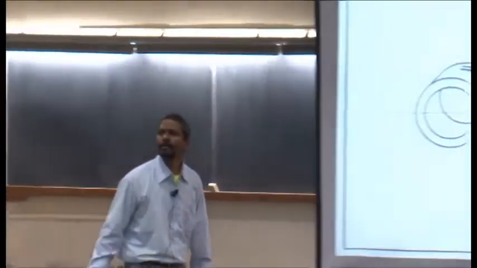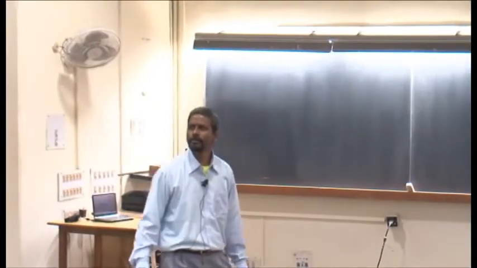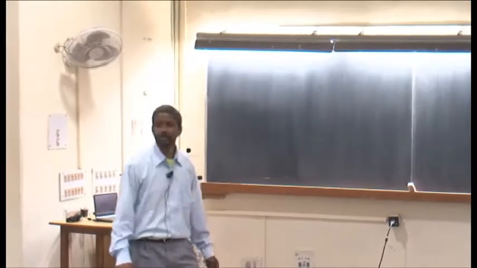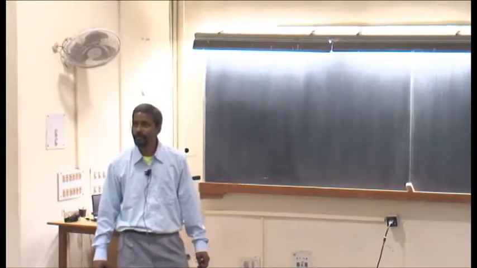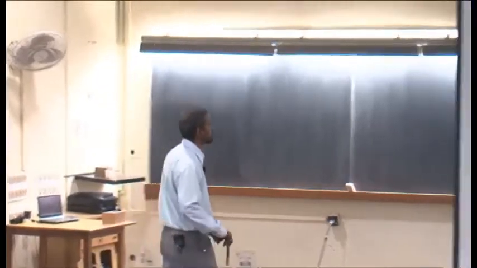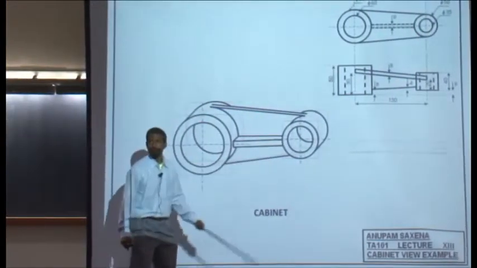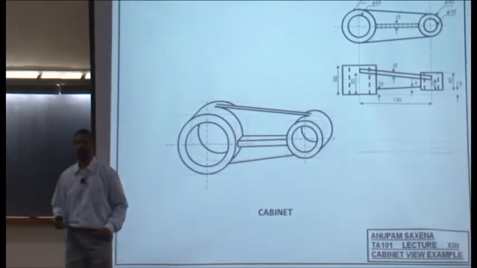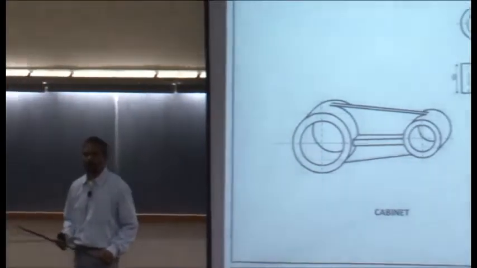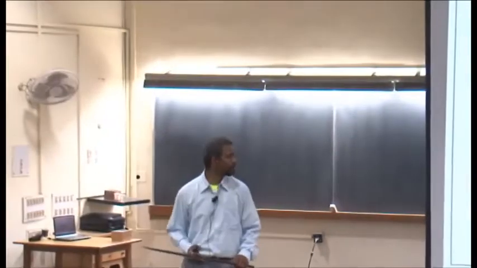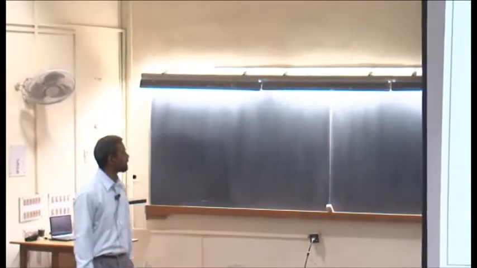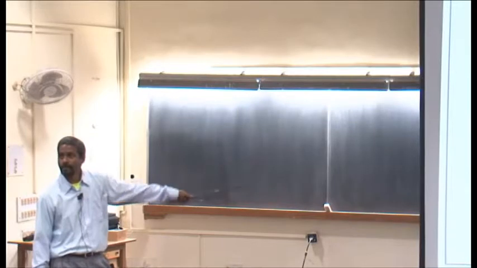Why are both the circles not in the same line? Centers of this guy and this guy? Are you asking why are they not on the same plane? Look at the figure on the right.